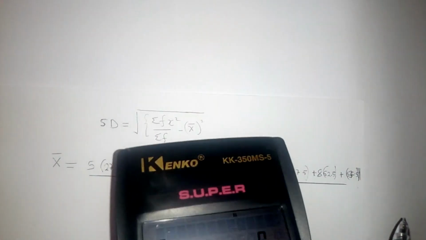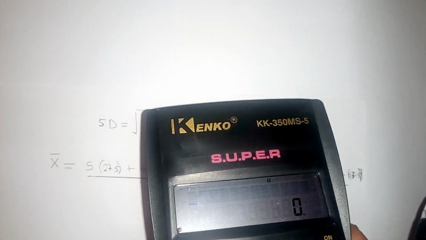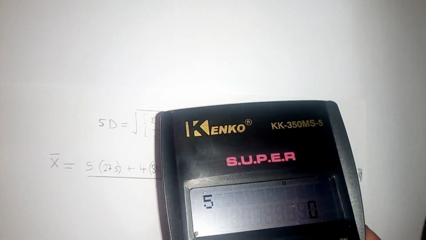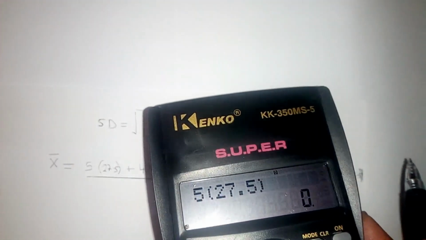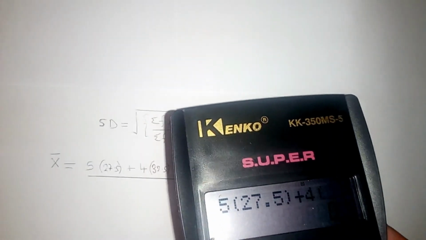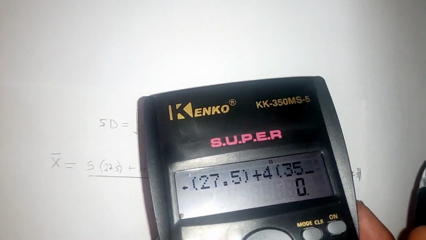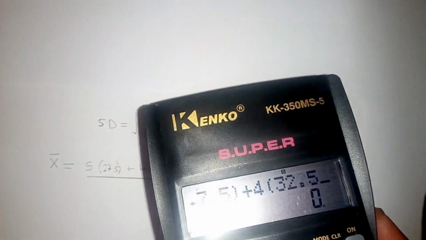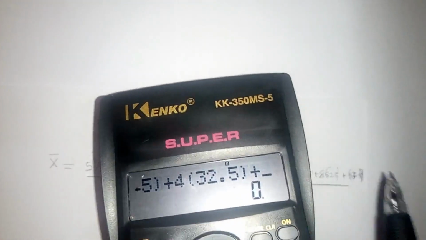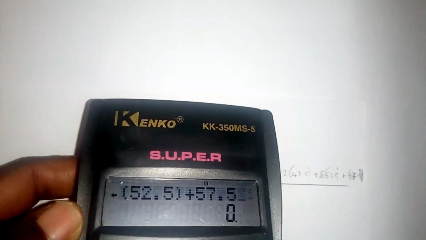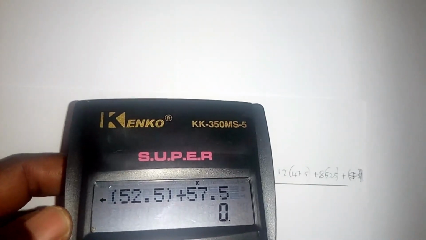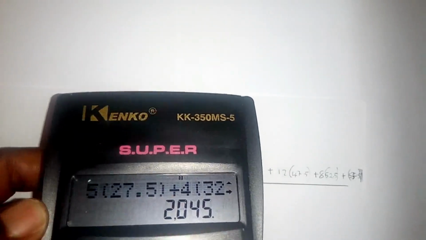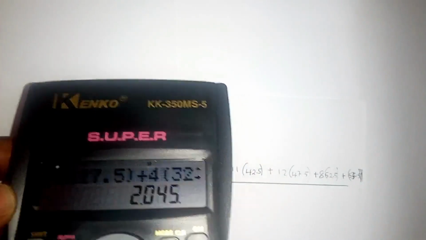So you get your calculator, and then you start by putting 5 here, open bracket, 27.5 plus 4, open bracket, 32.5. You write everything. So once you finish everything, you punch, you get 2045.